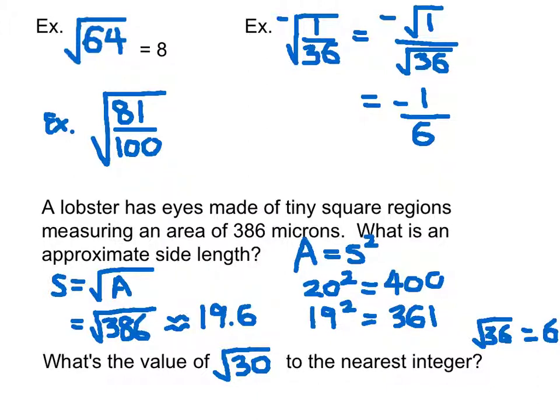Then I need a lower number, so maybe the square root of 25, which is 5, might be the right answer. So let's see, the square root of 30 would be closest to the square root of 25. So the square root of 30 is approximately 5. Did you get that? I hope so.